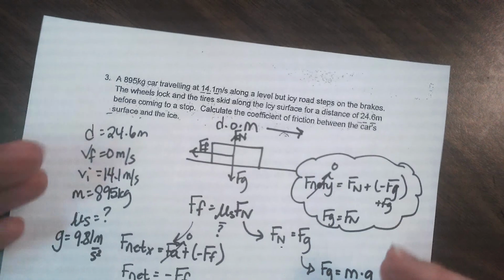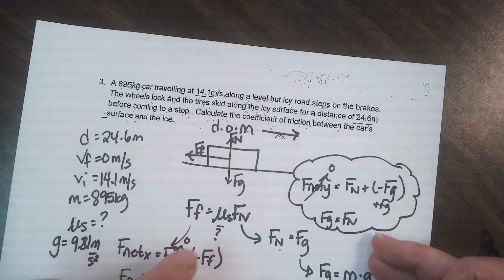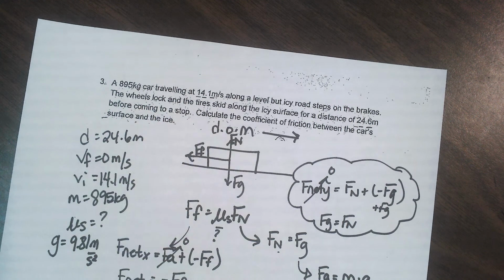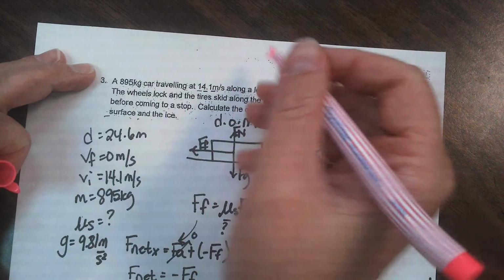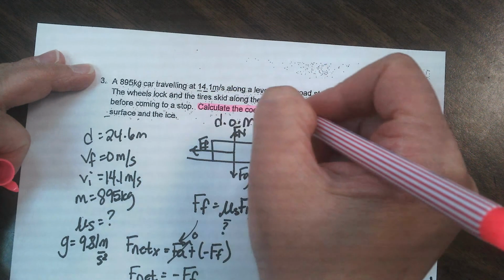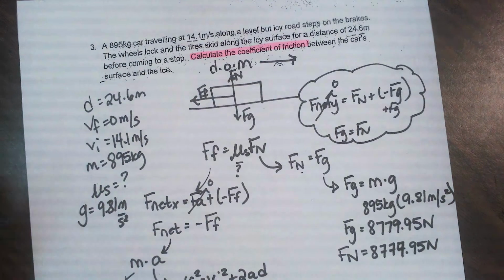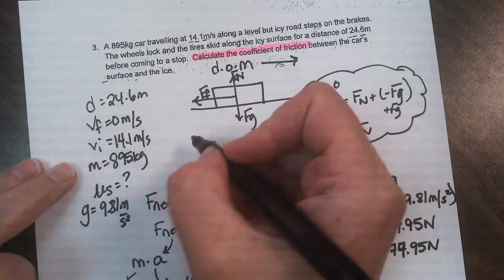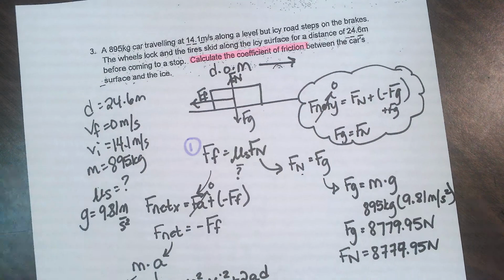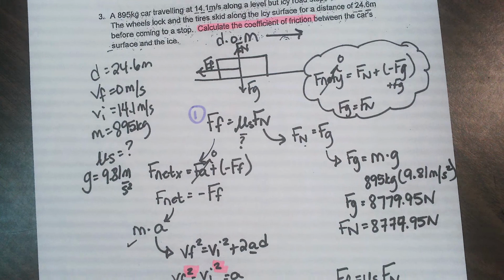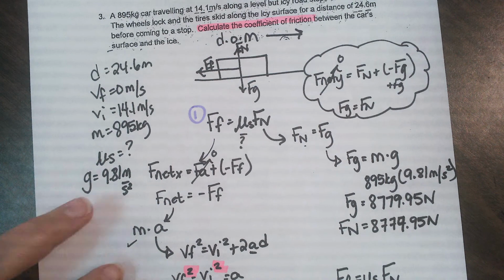The trick to solving these kinds of problems is to start with the formula that solves the question. This question is asking us, calculate the coefficient of friction. That's this one here, step 1. Well, when I go and I try to solve it, I see what looks like two unknowns.